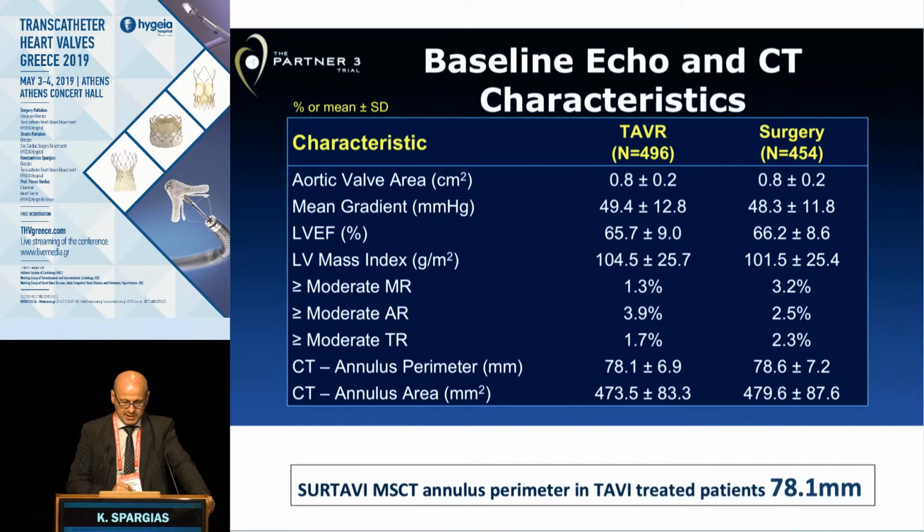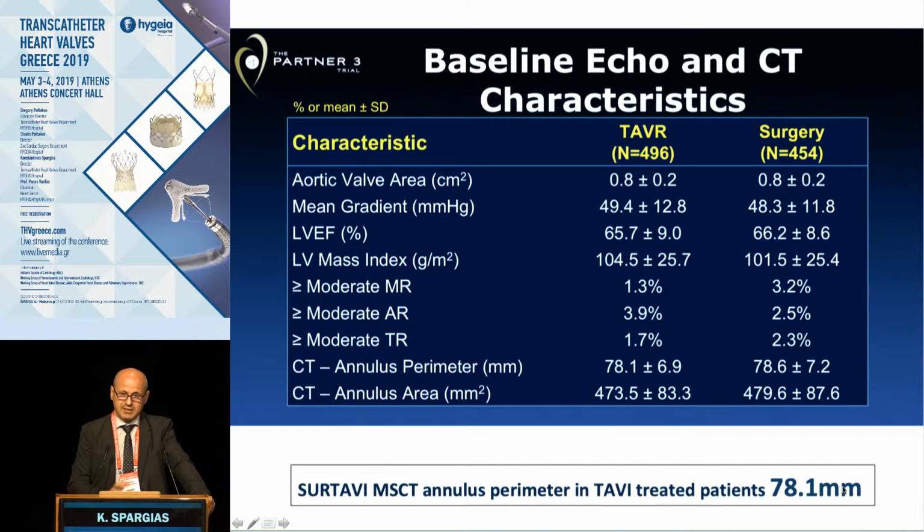So the same population. When we see the baseline characteristics of the PARTNER 3 study, the annulus perimeter on MSCT was between 78 and 79. In SURTAVI, the MSCT annulus perimeter was exactly the same, 78.1.